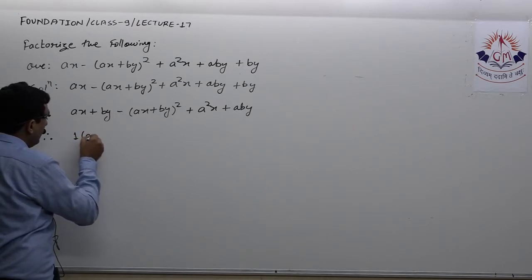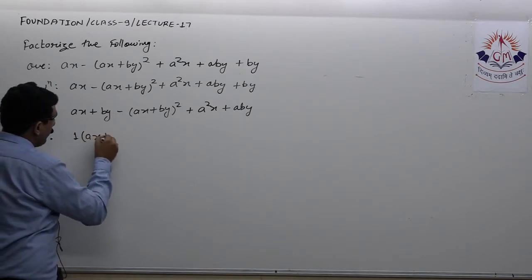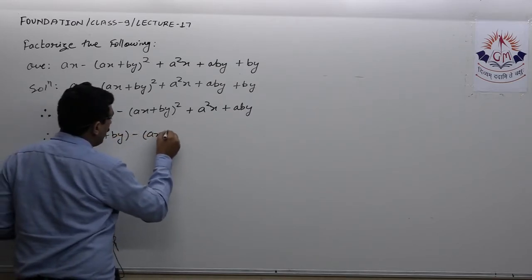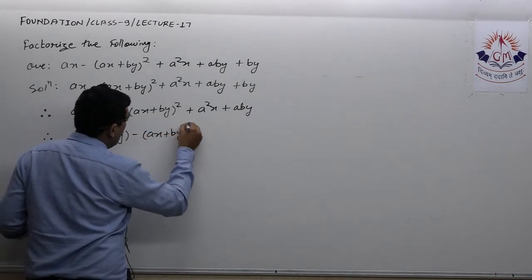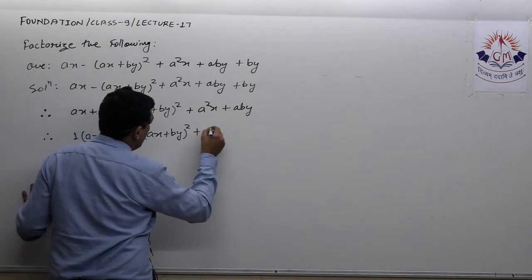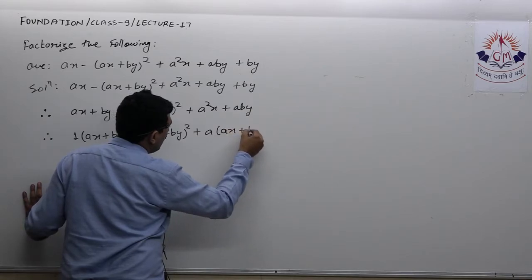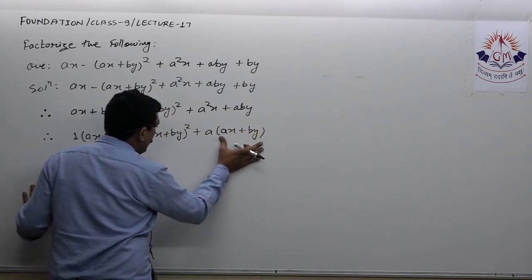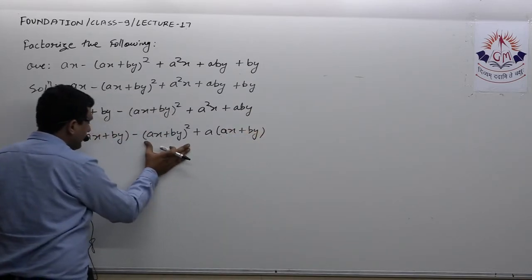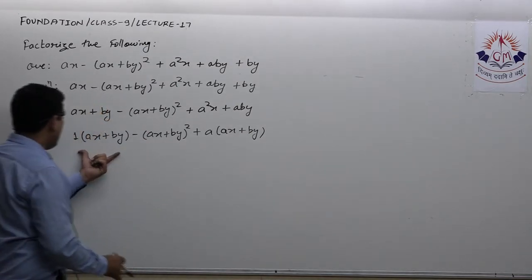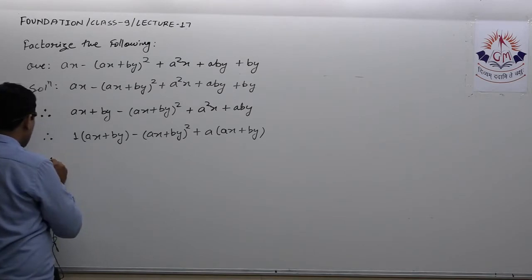So here I took 1 common, so I got ax plus by minus ax plus by whole square, plus from these two I can take a common, so ax plus by. Now you can see we have ax plus by over here. Here it is square, so definitely one ax plus by I will take common, and here again I can take ax plus by common.